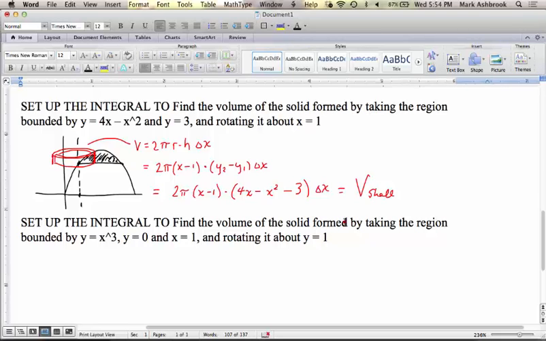Okay, so now we're just going to get number 2 done. Questions on the first one? Which way is your slope?